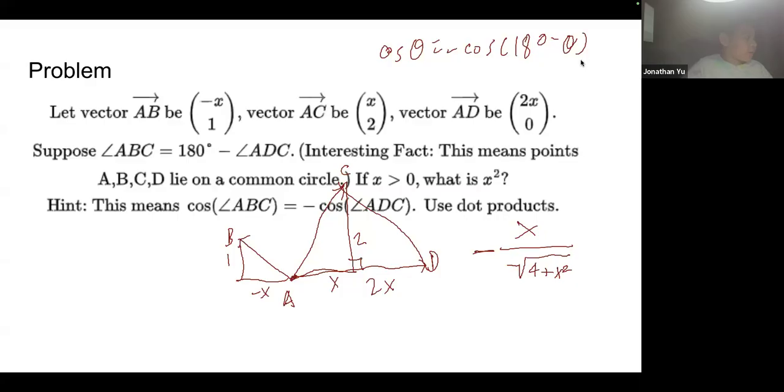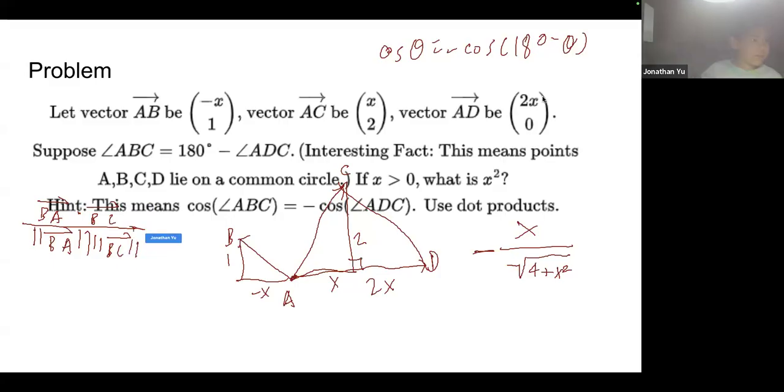Now we do cosine of angle ABC, where we have to use dot products. Okay, so cosine of angle ABC is equal to vector BA dot vector BC over the norm of vector BA times the norm of vector BC.